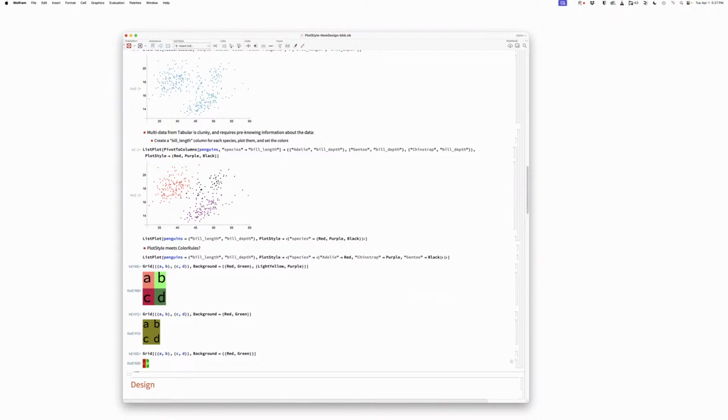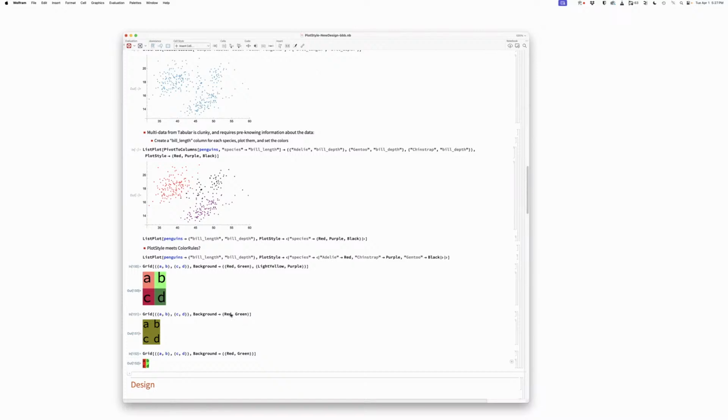I'm mystified by why that happened. Right, because when you give it a list of two elements, the first one is the columns and the second one is the rows. So you said all columns are red and all rows are green.